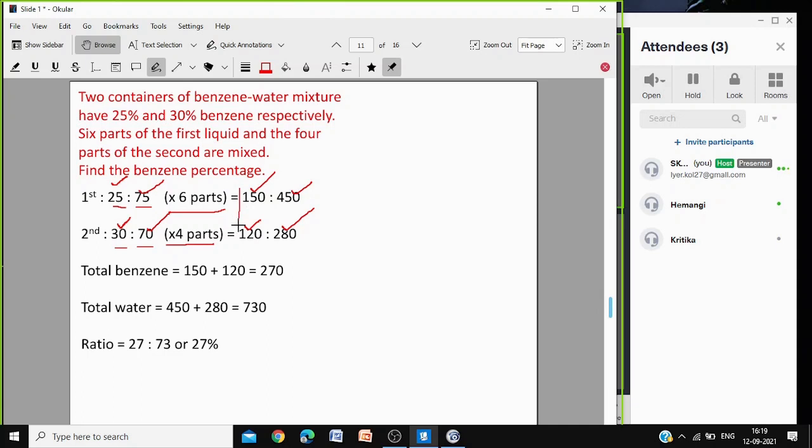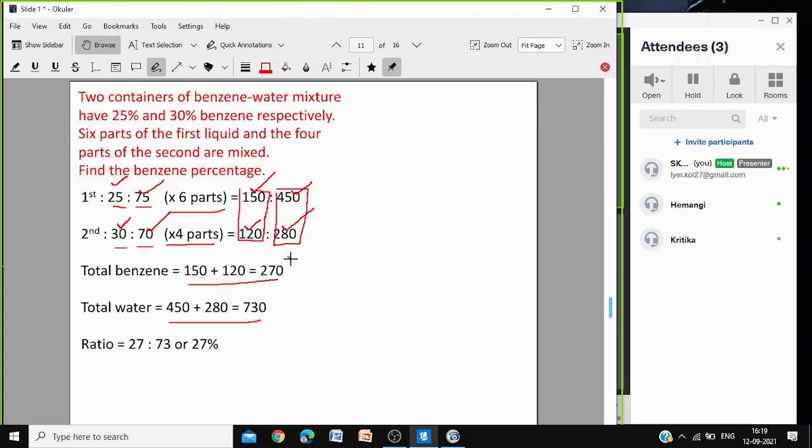Now add the total benzene, and add the total water or whatever is the other component. You get 150 plus 120, 270, and the total water or other component, 450 and 280, 730.